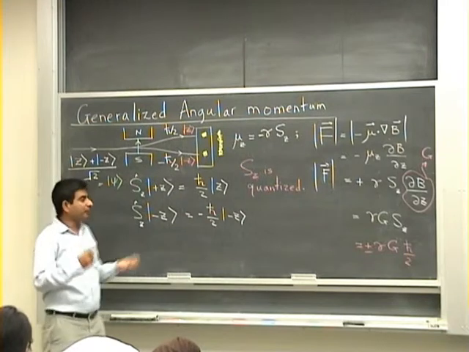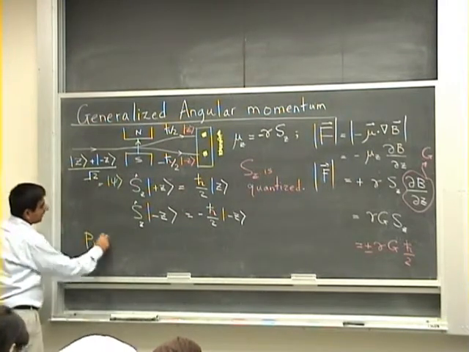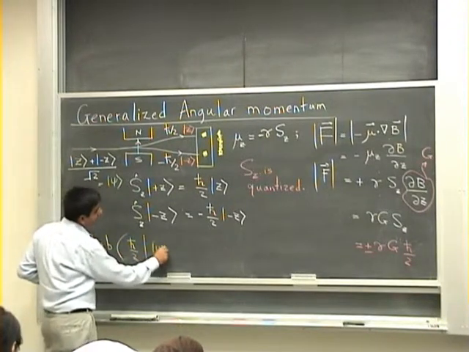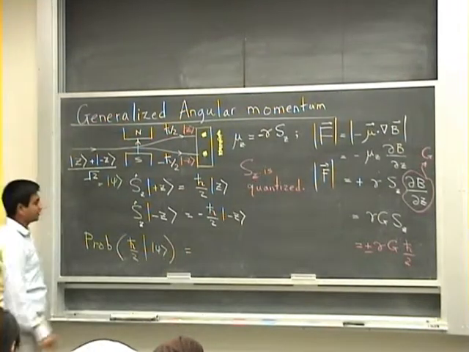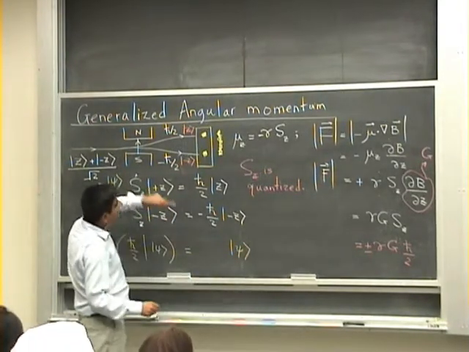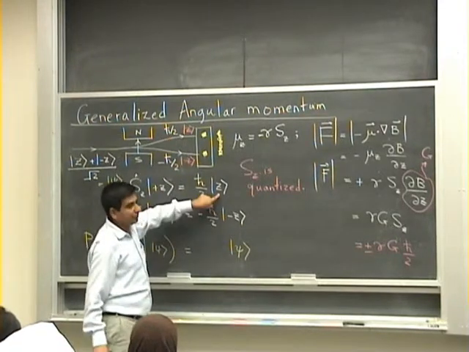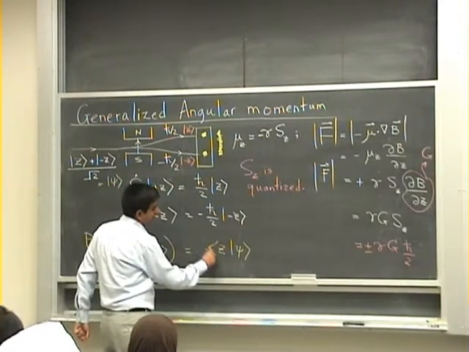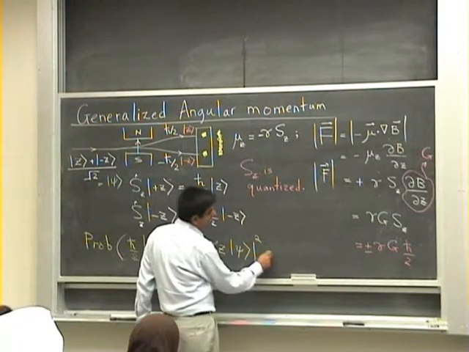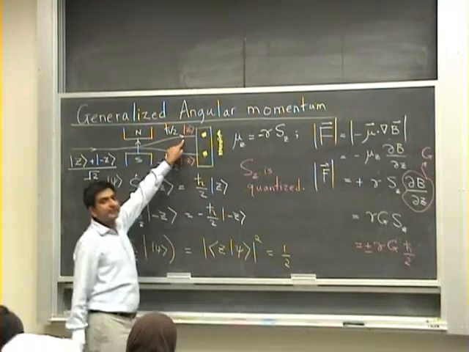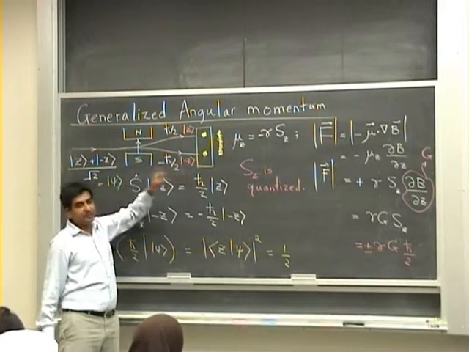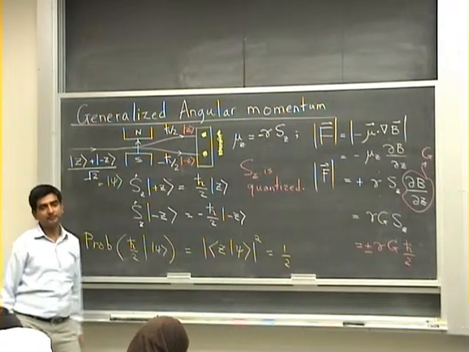The probability that you receive the measurement outcome h bar over 2, given an input state psi, according to the postulates of quantum mechanics, is just the inner product of your input state with the eigenstate that corresponds to this eigenvalue, which is Z, modulo squared. And this is simply 1/2. So there is a 50% probability that the electron, which has been prepared in this state, will end up here, and a 50% probability that the electron will end up here.